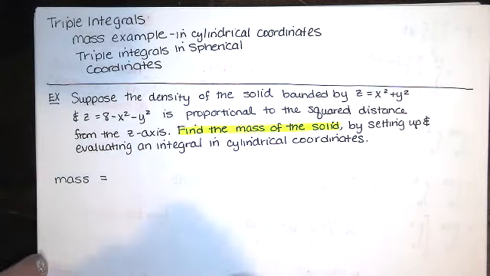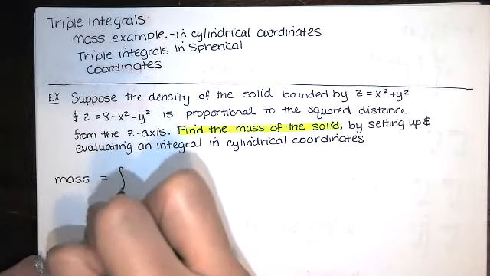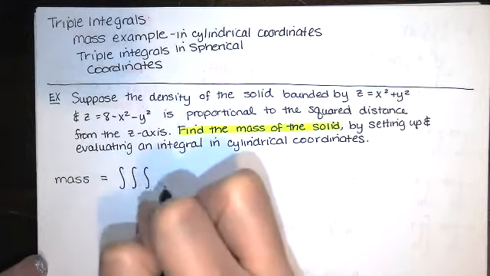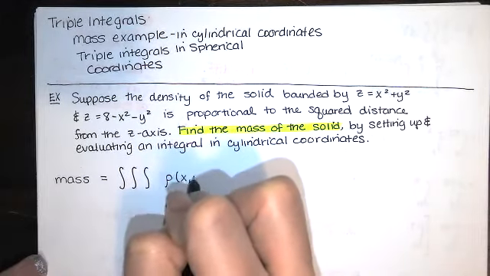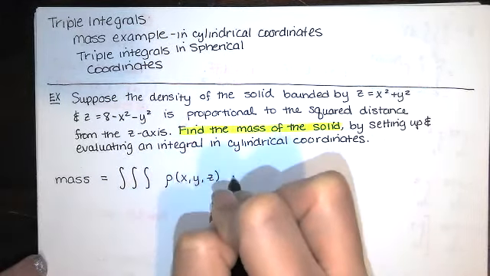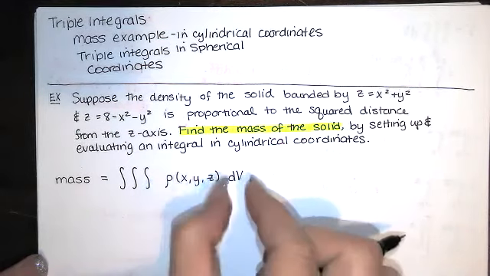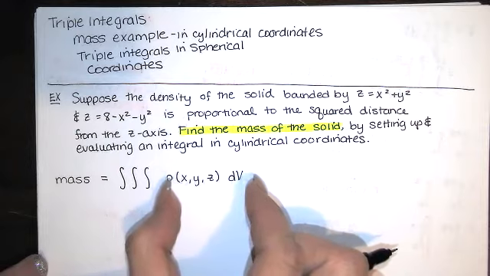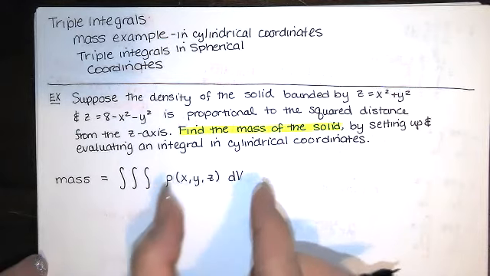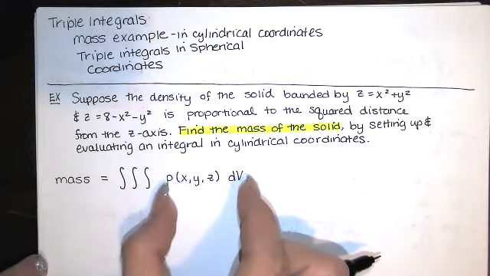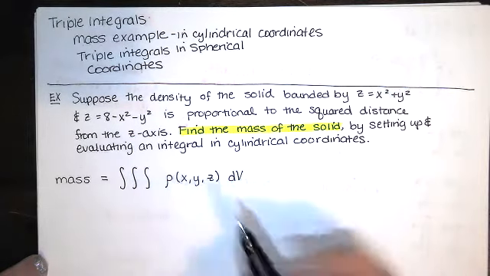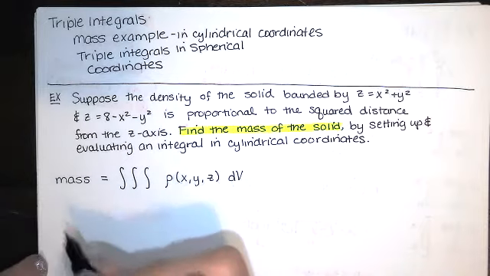If density is mass per unit volume, and I take my density as a function of x, y, and z and multiply it by a volume piece, that mass per unit volume times volume will give me a tiny mass, the mass of one little tiny cube. Then we add those up and take the limit as the number of subdivisions in the x, y, and z directions all go to infinity. That'll give us the exact mass of the solid.